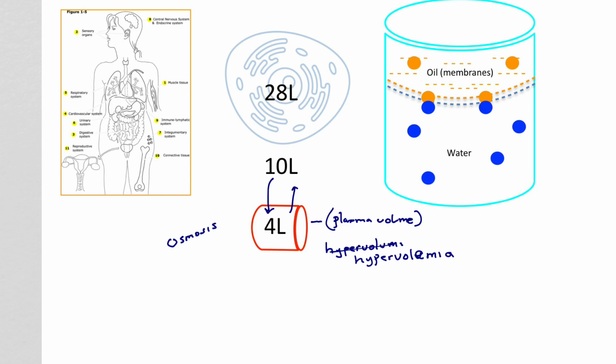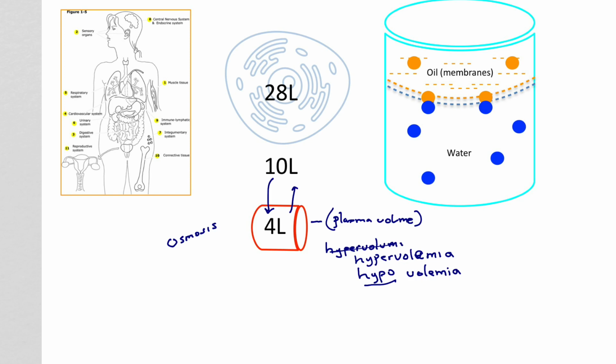So too much water is hypervolemia. We don't want that. Too little water in the bloodstream is hypovolemia. And that too is not good. So we need to regulate the amount of water. Water regulation is very important for optimum health.